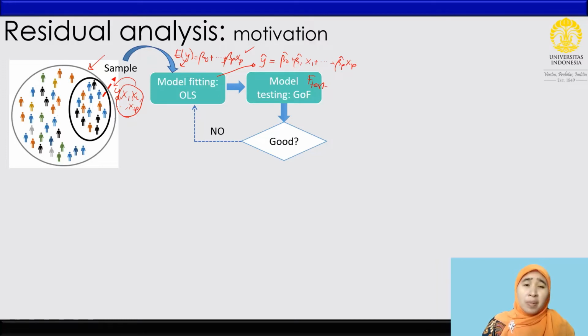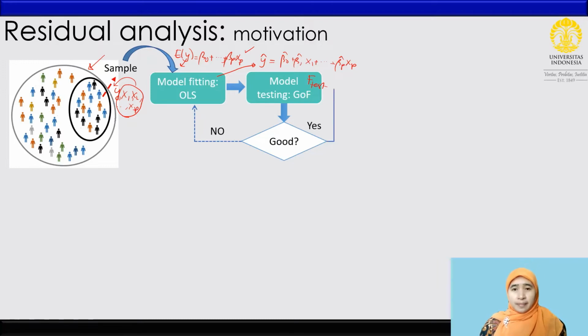For example, probably we need to do some kind of transformations in the variables. That kind of things we really need to consider when we refit our model in the case that the result is not good when we do the goodness of fit assessment.